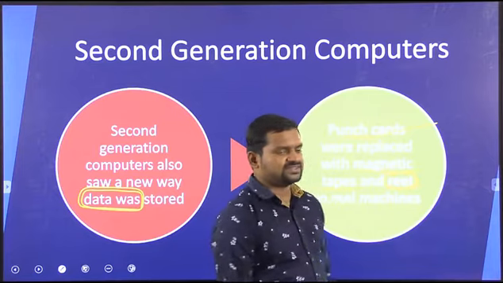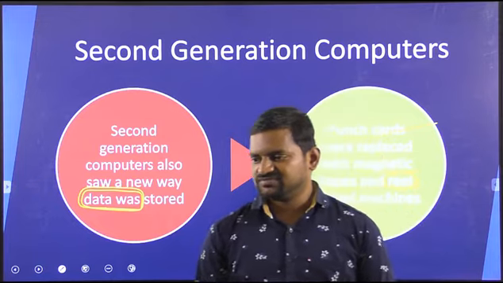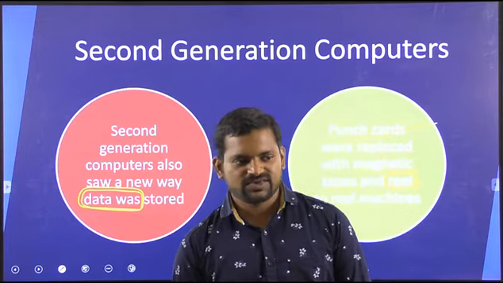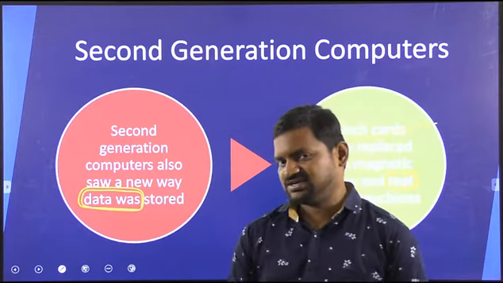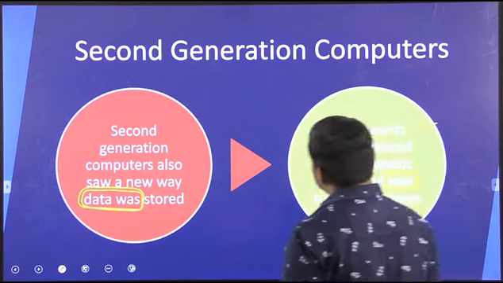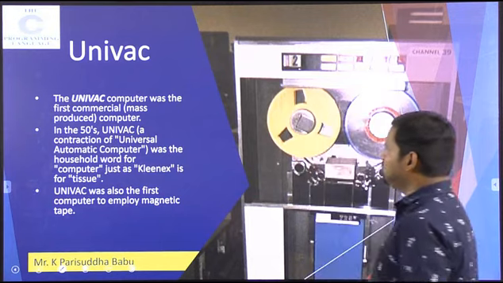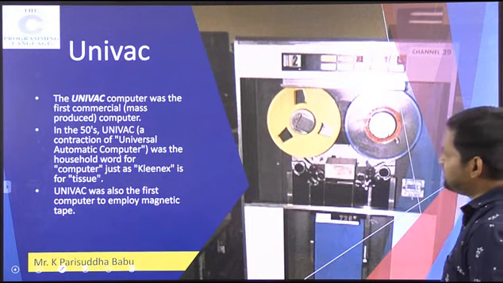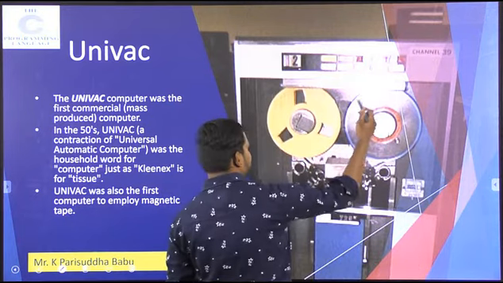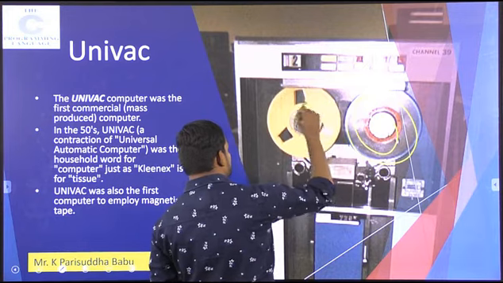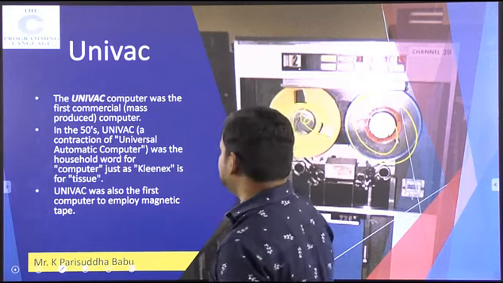When you were three or five years old, we had many recordings on reels. That happened in the second generation, storing with reels. The UNIVAC machine was used for storing on reels like this. After the reels they introduced magnetic tapes.